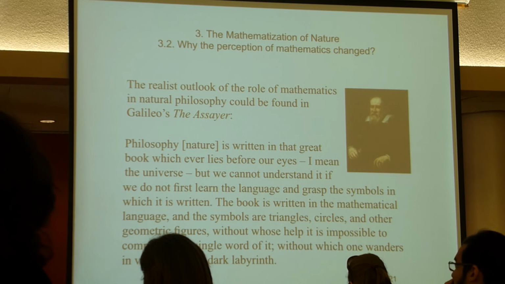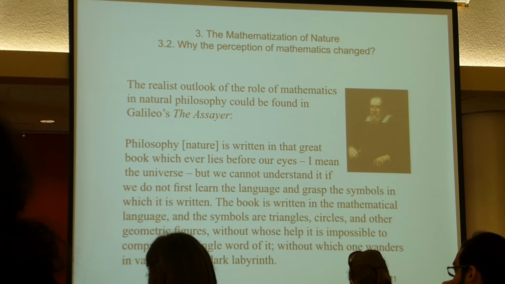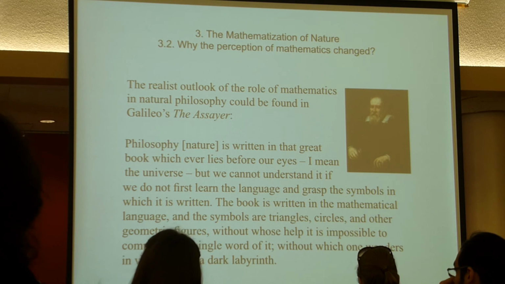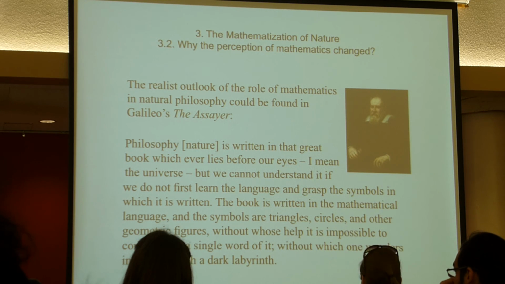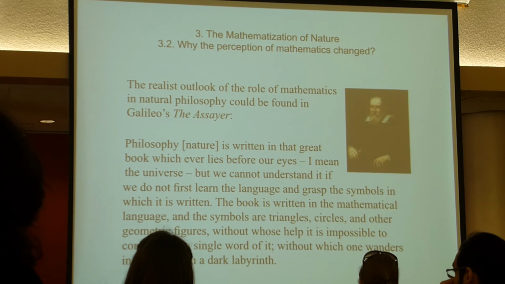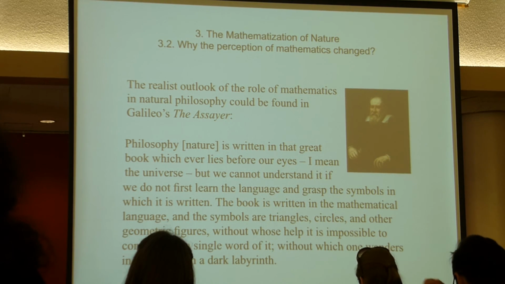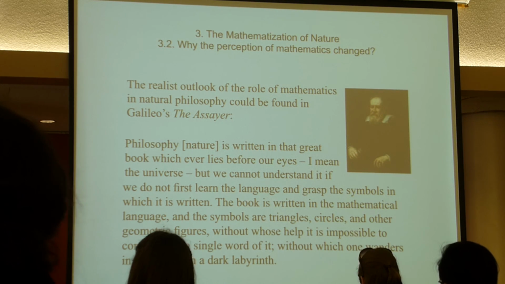And a lot of physicists in the 21st century have this view, that the world is in some sense written in mathematical terms, and therefore that's the reason why mathematics is so powerful in studying physics, and why we use it to describe nature. Because basically nature, in some sense, is constituted by this language. So that's the right conceptual framework to understand nature. Okay. Let's have 10 minutes, then questions.